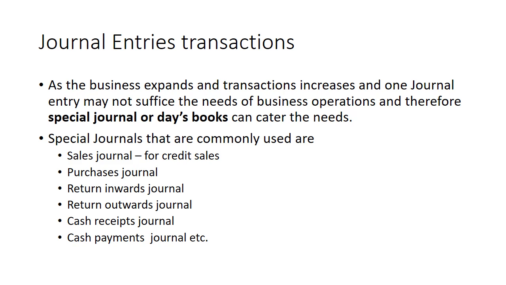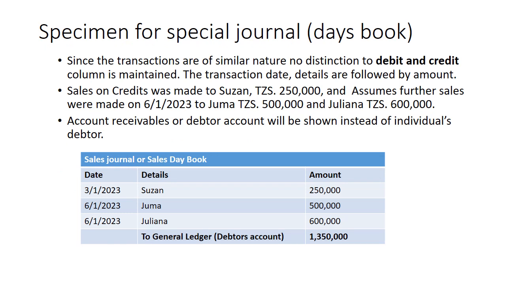When we are preparing these special journals, there is no need to indicate a debit and a credit column, because the transactions are of a similar nature. We are dealing with only one type of transaction.